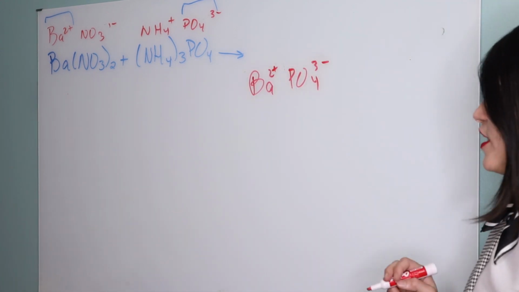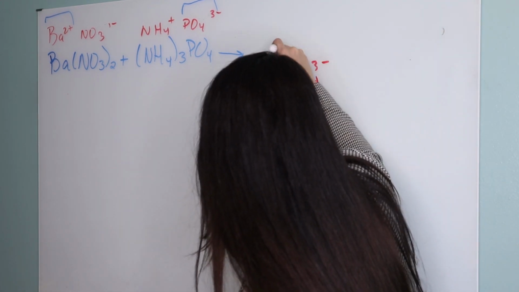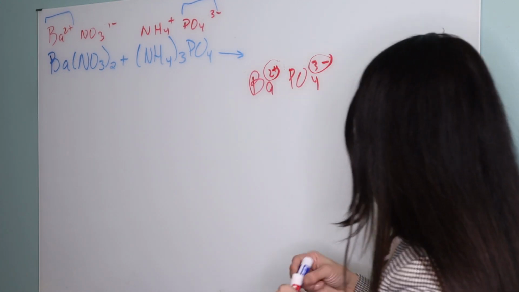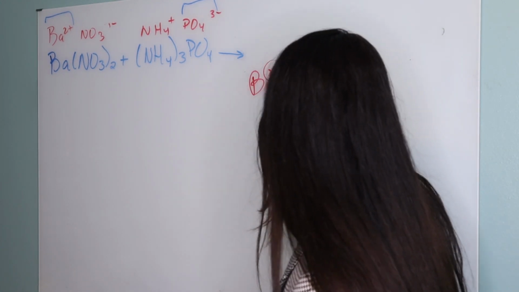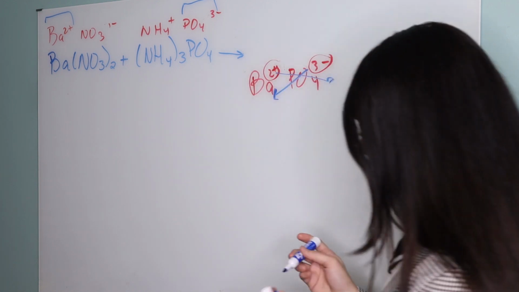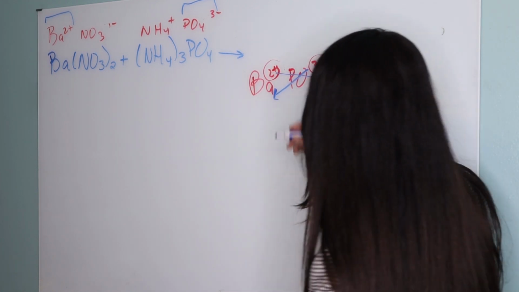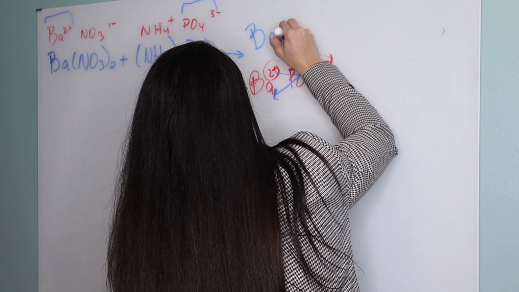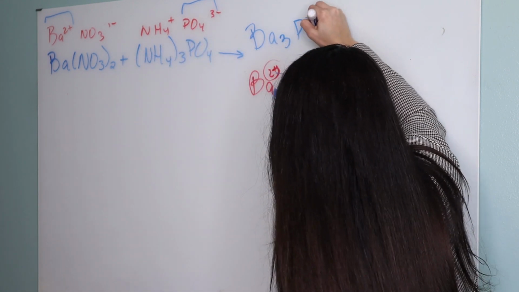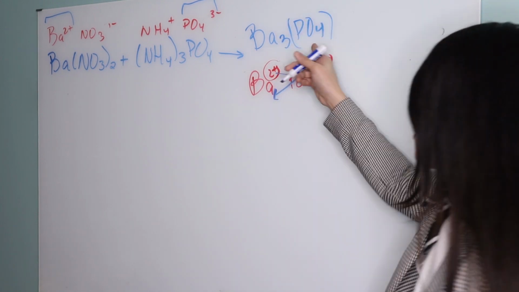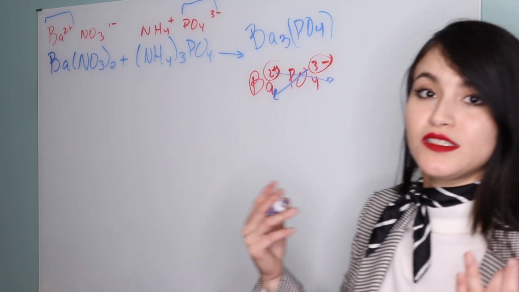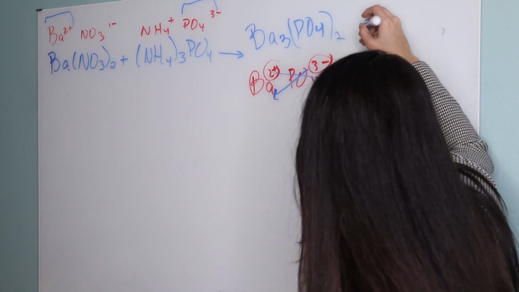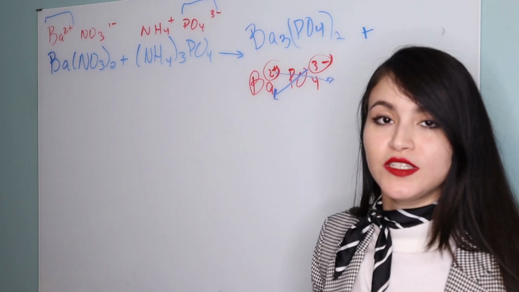Okay, so now that I did this, I'm going to take each of these charges and I'm going to go down and across and down and across. My final answer for this product is going to be this. 3. You have to write the parentheses around the phosphate because it's a polyatomic ion. And we have a 2 down here. So that's for the first product.